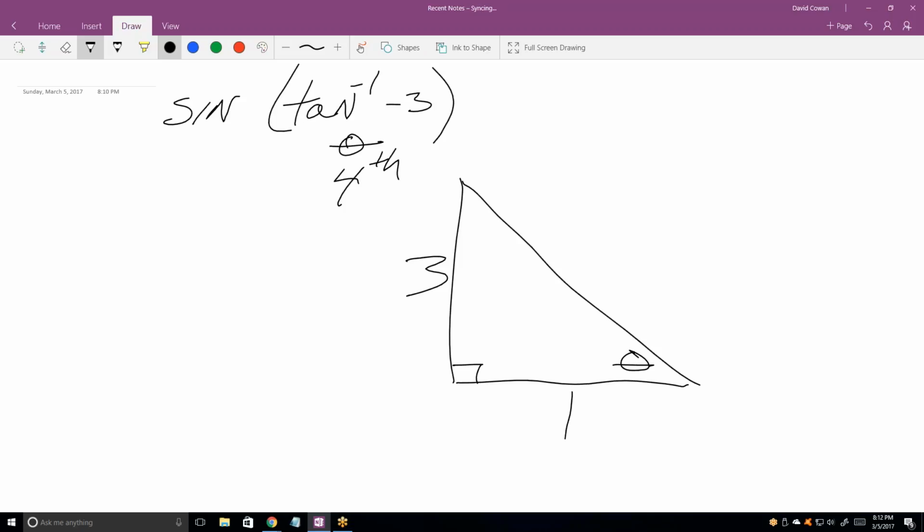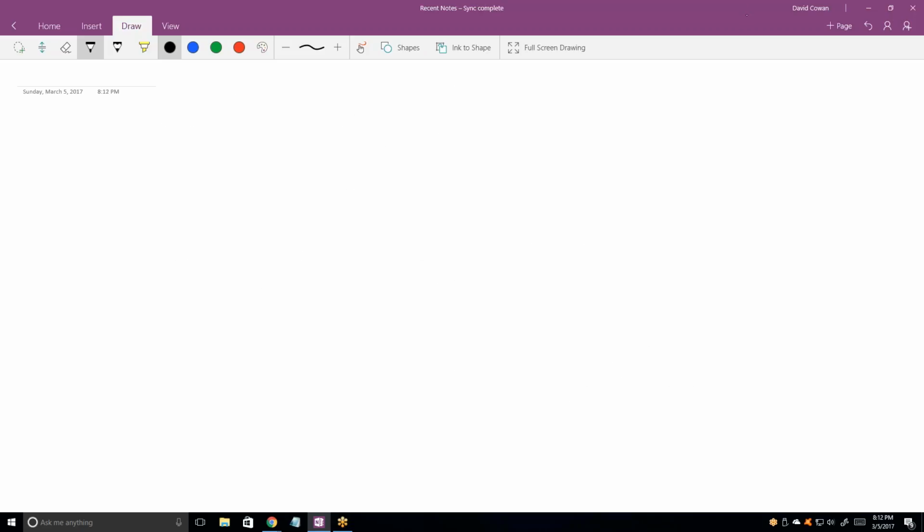And now the hypotenuse: root 10. And now what is the sine of theta? -3 over root 10. All right. Good.